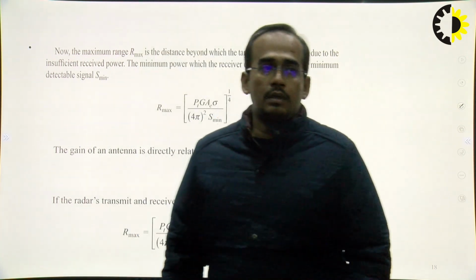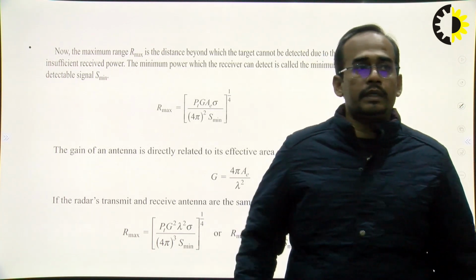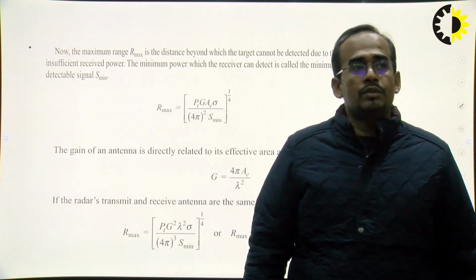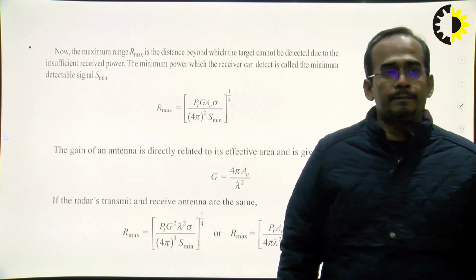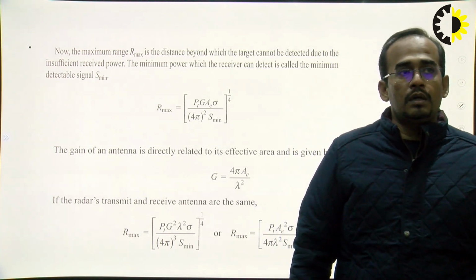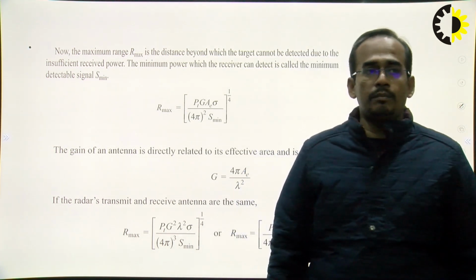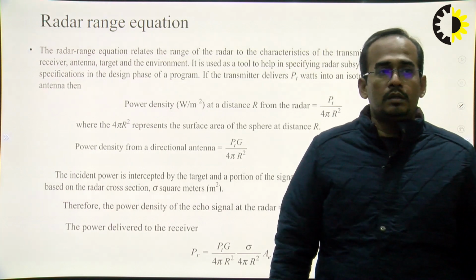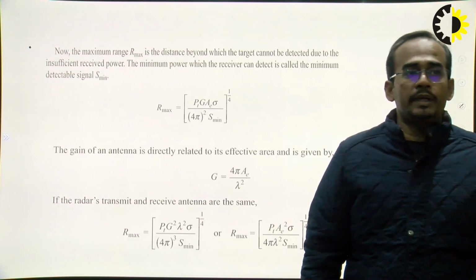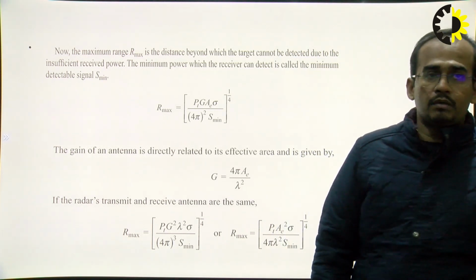Now the maximum range, R maximum, is the distance beyond which the target cannot be detected due to insufficient received power. So what will be the maximum range? It will be equal to R maximum, equal to PT G upon 4 pi r square, times sigma upon 4 pi, upon S minimum, raised to power 1 by 4.